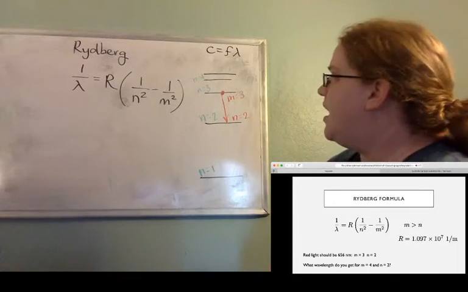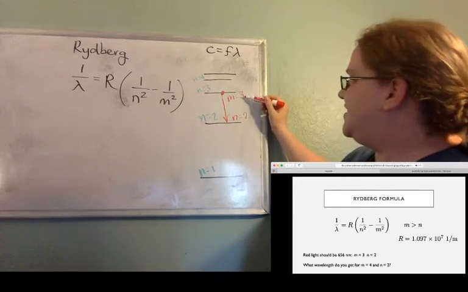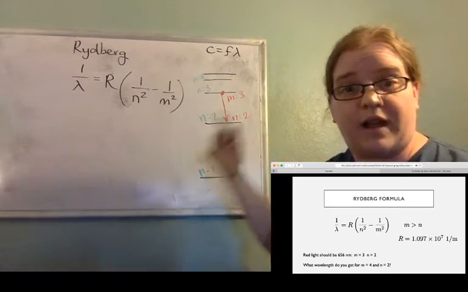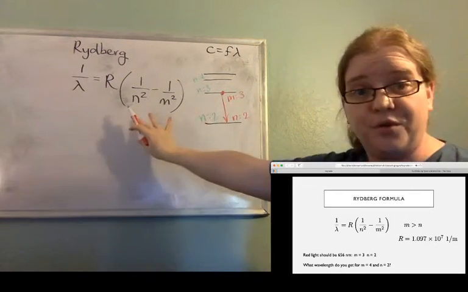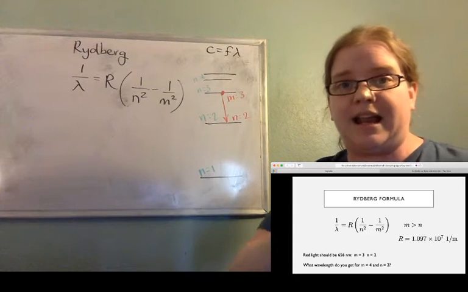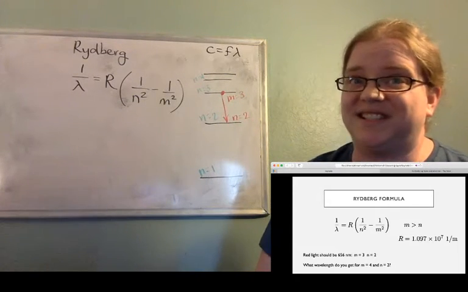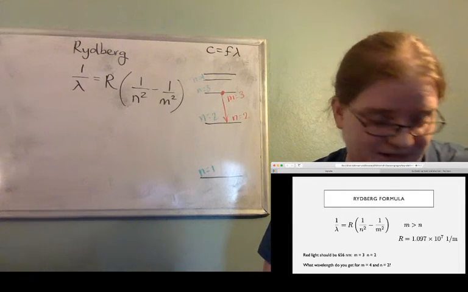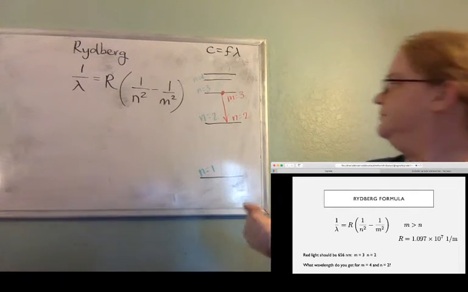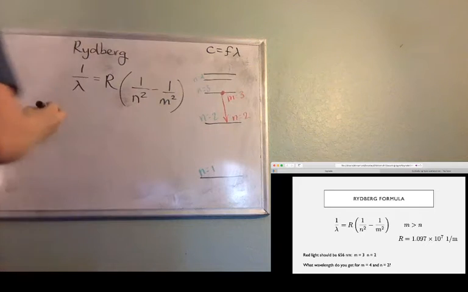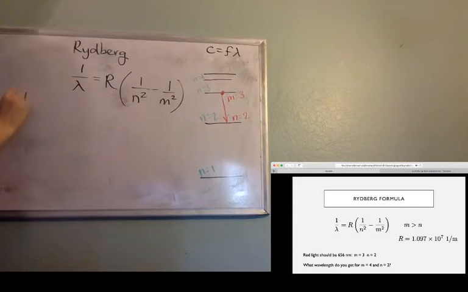Okay? All right, so I told you guys that the 3 to 2 is our red transition, and I want to prove to you that that works. I have on the slide that red light should be about 656 nanometers. Okay, let's see if we can get there. So I'm going to come over here, and I've got 1 divided by lambda equals, and for R, I'm going to plug in this number.